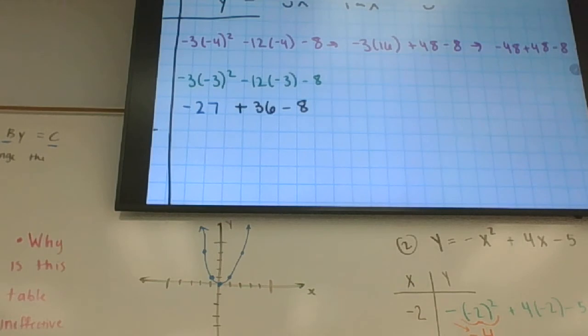It just saves extra time. Oh, because they're both negative? They never go straight up. Who else got one for -3? Maybe like 5, 6, 7 people.